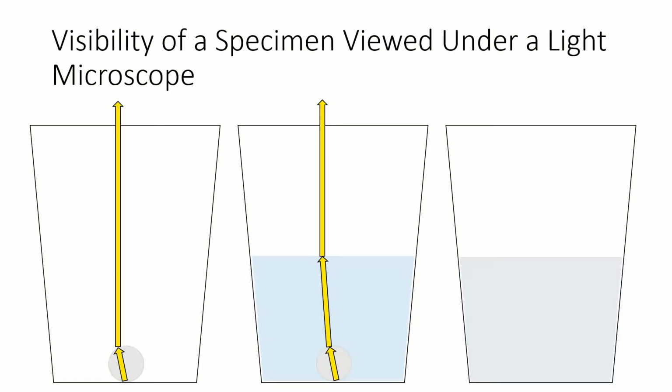Therefore, the ball literally disappears from our view and we don't see the ball anymore in the glass of immersion oil. So it is now invisible. This is how we see specimens microscopically, because light passes through them and light sort of bends as it passes through them because of the differences in the refractive indices.